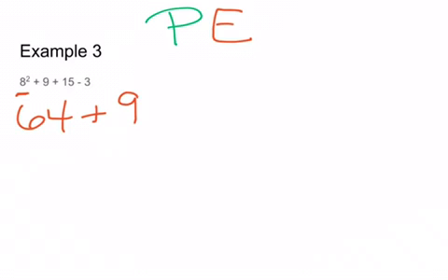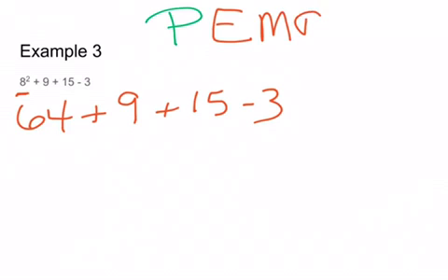Then we will have the rest of our problem. We next look for multiplication and division, and there is none. Then we do addition and subtraction. Now, since that's all that's left, we can work our way left to right with all our addition and subtraction. We could do 2 at a time if we wish, or we can do them all together.